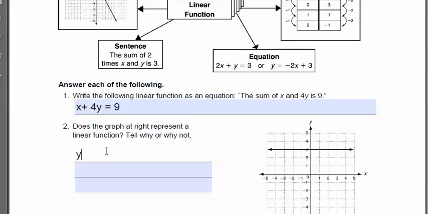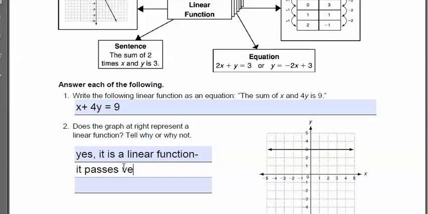So you would say that yes, this is a function, and it is linear, and you could say that it passes the vertical line test, and you could also say that it is linear. That would be enough.